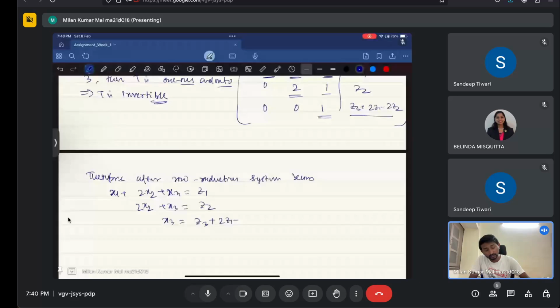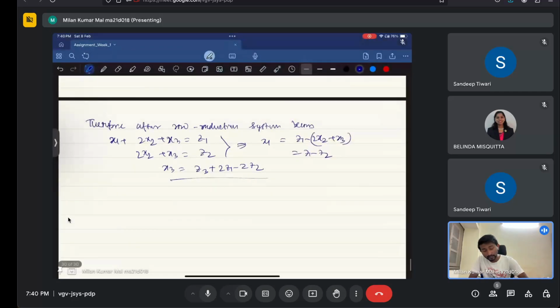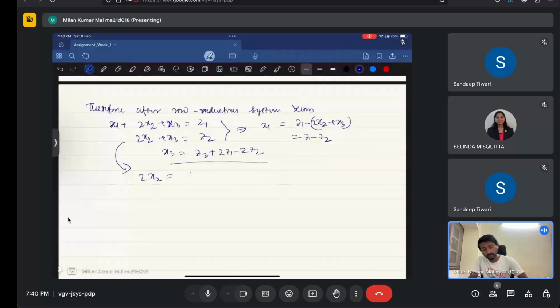So x3 is this. Whenever x3 is this, x1 is equal to z1 minus (2x2 plus x3), that is z2, so x1 is z1 minus z2. That's clear. Now we have to find x2. 2x2 is equal to z2 minus x3.